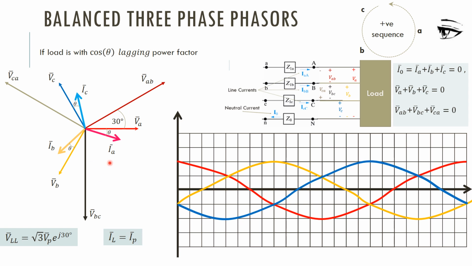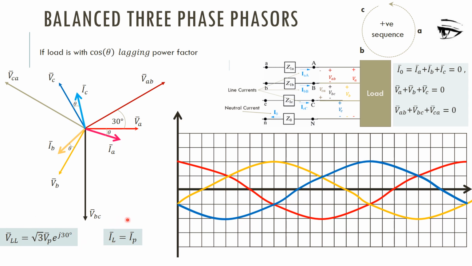Then you can see all the line voltages are multiplied by root 3, and have a phase shift with the respective phase voltage, right? Then we can say it is e to the j30. This is the phase shift, right? We can get an equation in this manner.